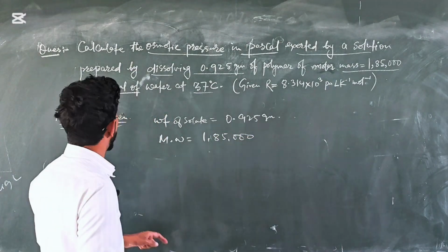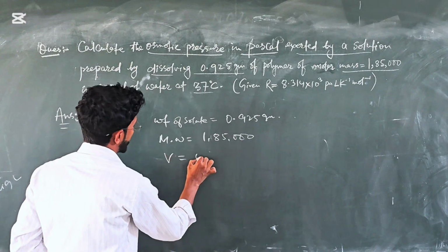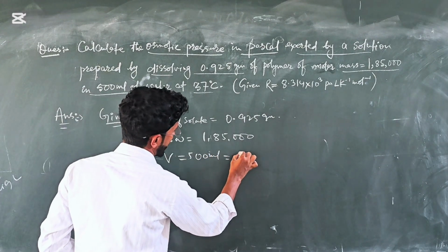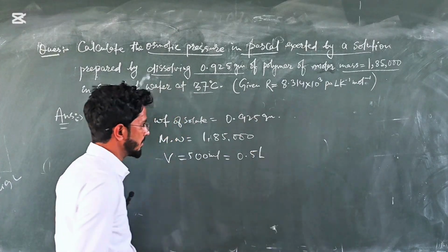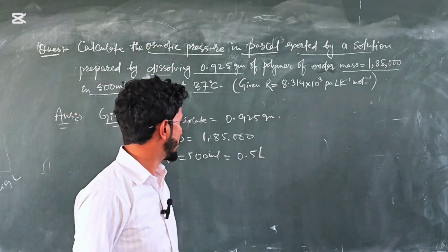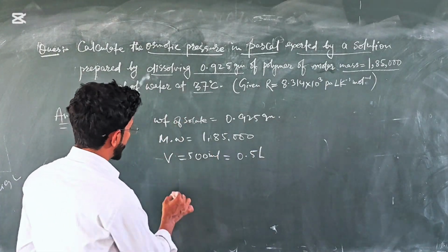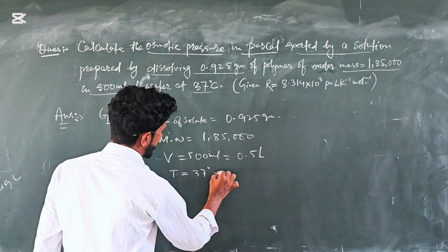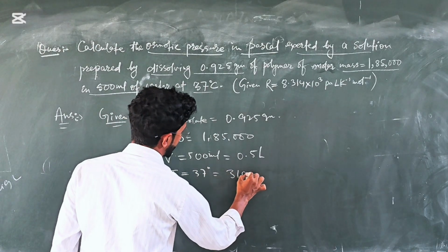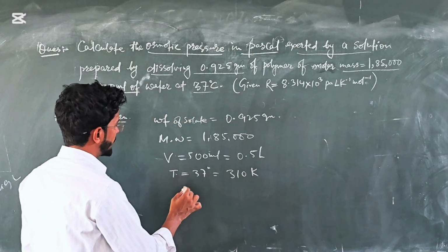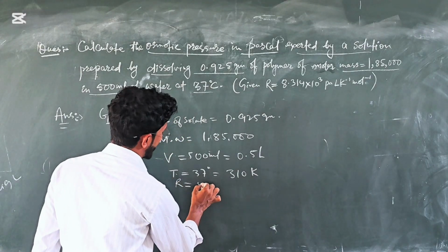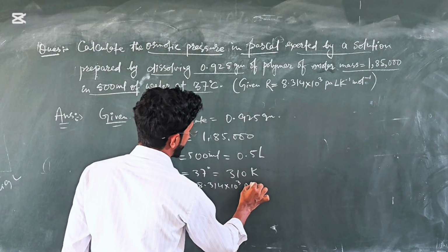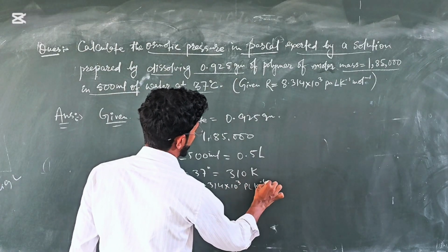Another piece of information is the volume, 500 ml, which is equal to 0.5 liter. Temperature is 37 degrees Celsius, which in Kelvin is 310 Kelvin. And the value of R is 8.314 into 10 to the power 3 Pascal liter Kelvin inverse mole inverse.